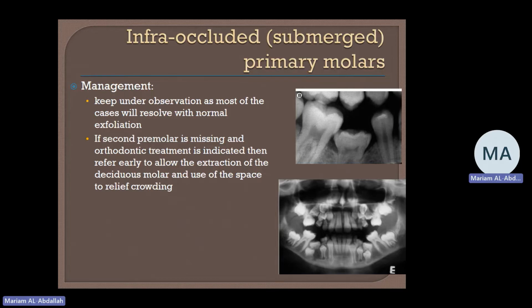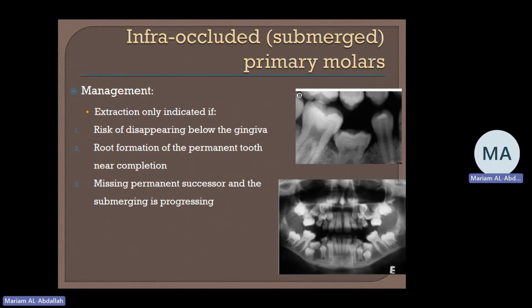Most importantly, you have to consult the orthodontist, especially if you have a missing permanent successor, because the orthodontist might need this space for future orthodontic treatment for some patients. Extraction of this submerged tooth is indicated if there is a risk of it disappearing below the gingiva.